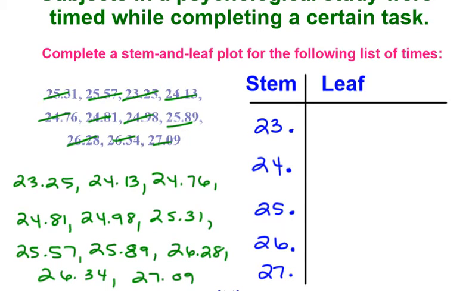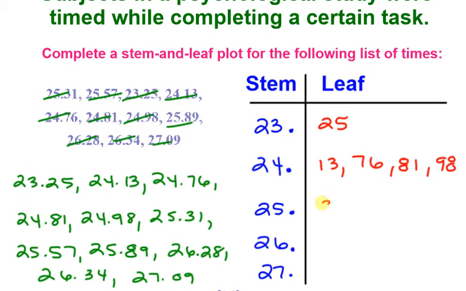Okay? Now again, you could have chosen to do just the first digit, and it wouldn't have been wrong, but what would have happened is that your stem column would have been very long. So it would almost be making a lot more work for you. So I have 23.25, I have 24.13, 0.76, 0.81, and 0.98.